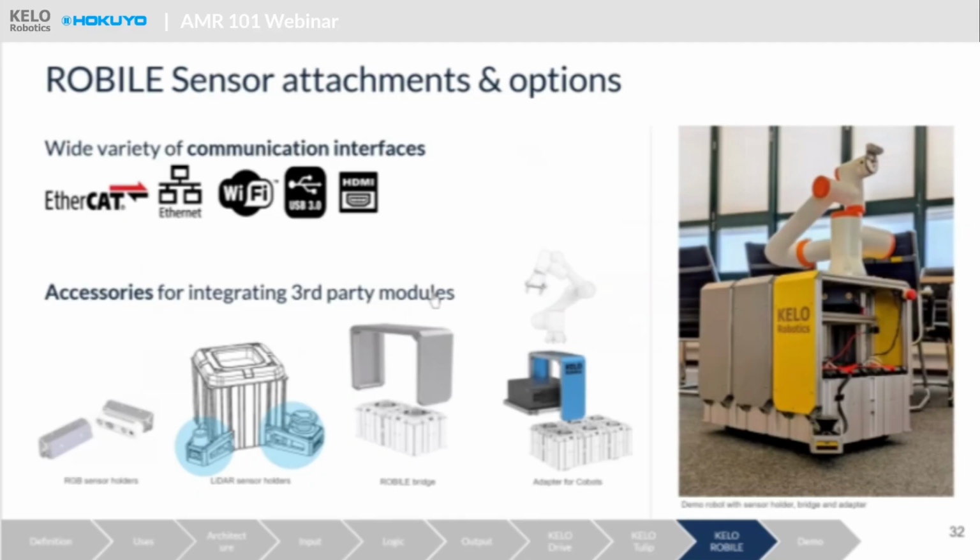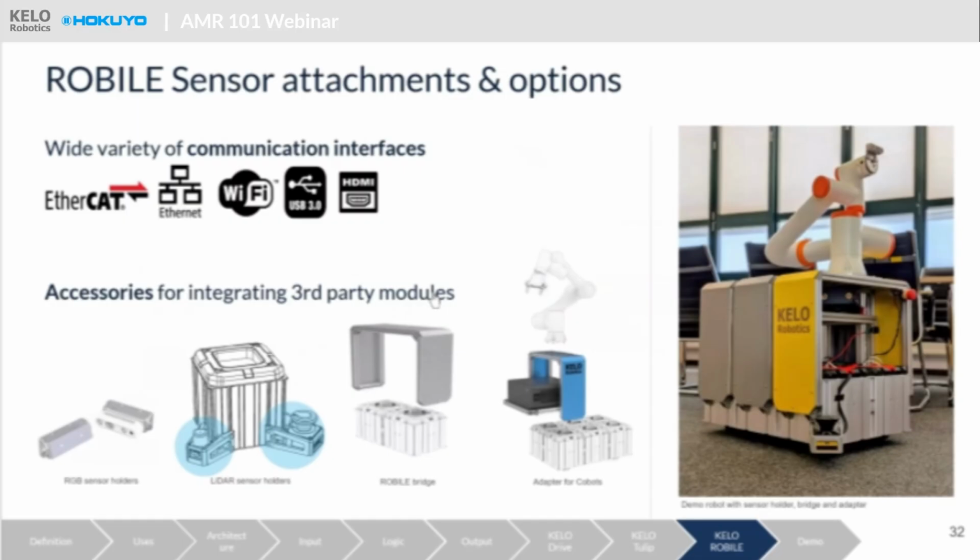The accessories that are available are for popular and commonly used components in the robotics community, like the Hokuyo sensor, for example. We provide them already, but mechanically it's a standard aluminum profile, and also the STEP files are available, so we can share them with you.